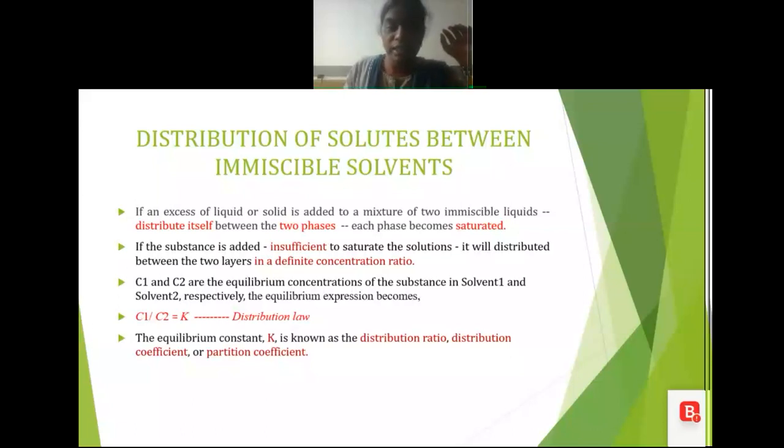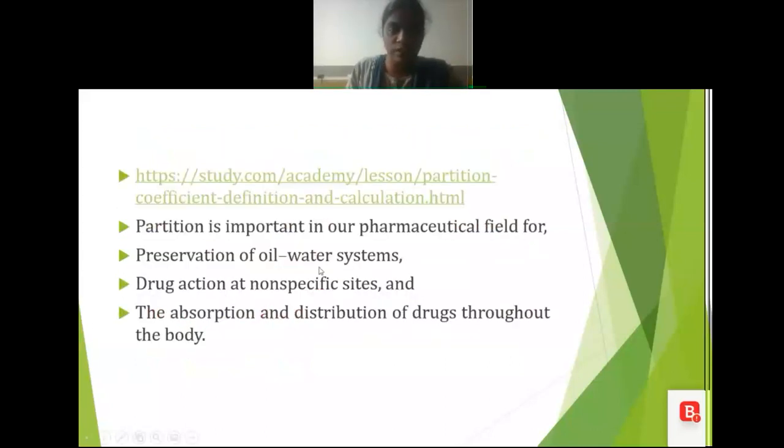And how to calculate this? How will the partition coefficient reflect the nature of the solute? How will it be useful? What are the applications of the partition coefficient? The partition coefficient is very important for our pharmaceutical field. Why? Because it gives information about the nature of the substance. Nature means whether it is hydrophilic or lipophilic.